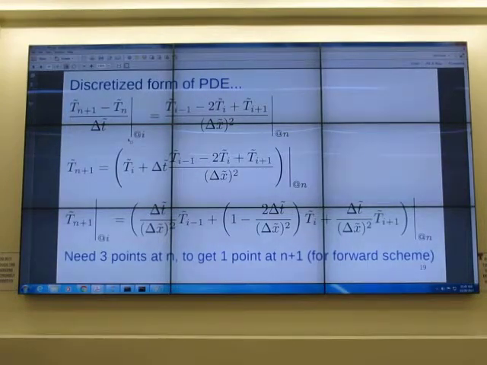Rearrange it, do a little bit of math. So we say the dimensionless temperature at the next time at point i depends on the temperature at the previous time at point i minus 1, point i, and point i plus 1.